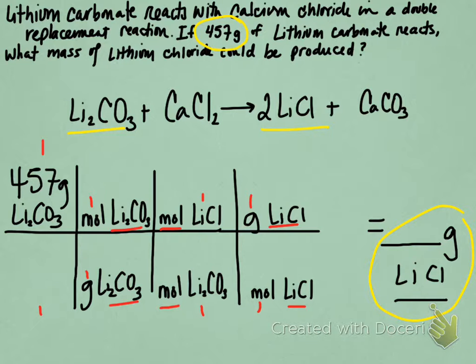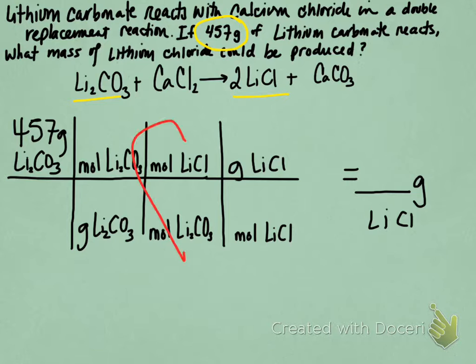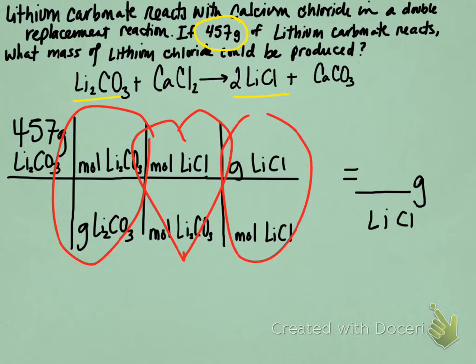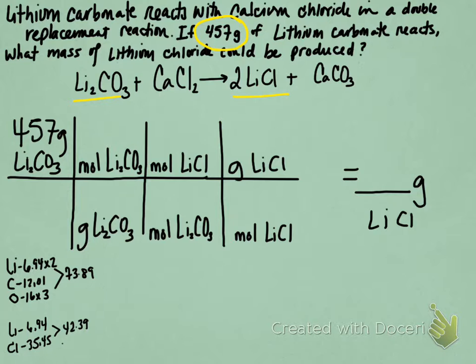Okay, let's plug in some numbers. I know that I'll be getting my mole ratio from the balanced equation and putting it there, but what goes in these boxes? That's going to be my molar mass, so I should calculate that. Okay, so I've calculated my molar masses. Now, what I know is that 1 mole of lithium carbonate is equal to 73.89 grams of lithium carbonate.